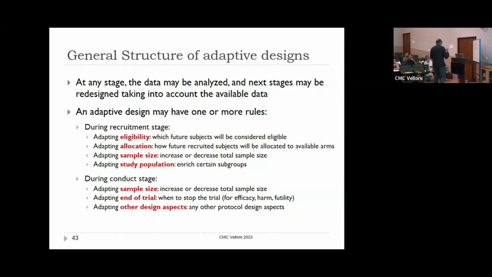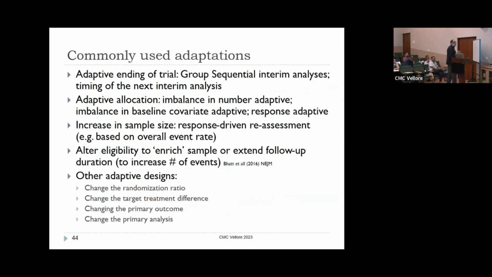But everybody has different points of view on this. So one thing we typically do, and many people don't think about it as an adaptation, is interim analysis. It is an adaptation of when you end the study. So we'll talk about that more on Wednesday.